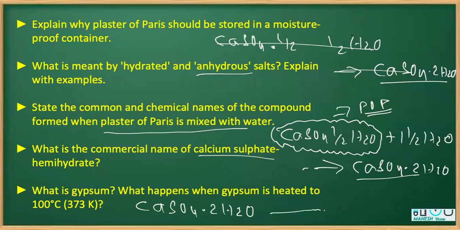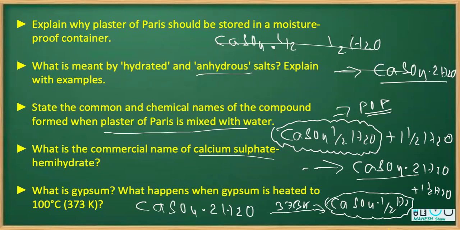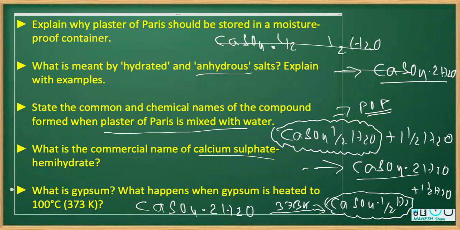And what happens when it is heated to 100 degrees Celsius or 373 Kelvin? It loses water of crystallization, right? So it turns into CaSO4 dot half H2O, and it loses 1.5 water molecules, and it turns into POP. That's what you have to remember.